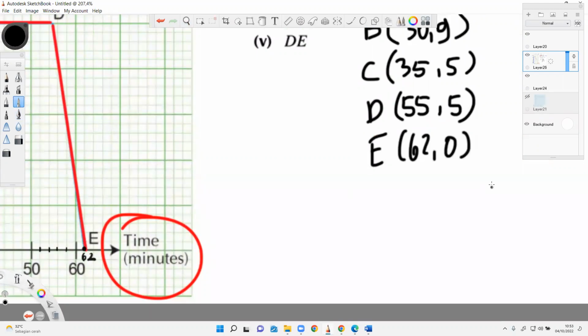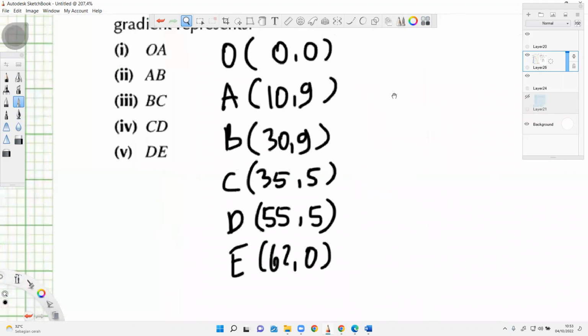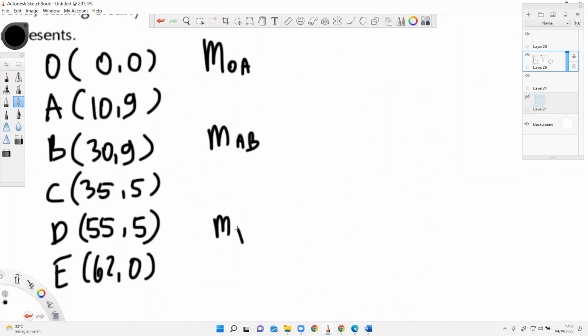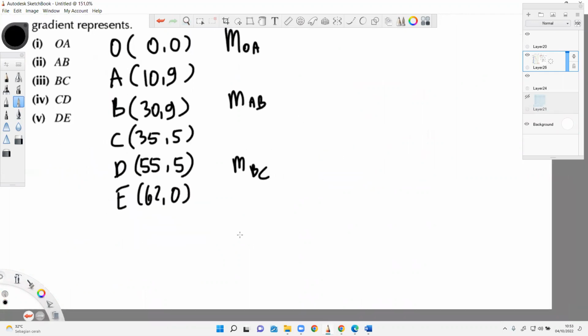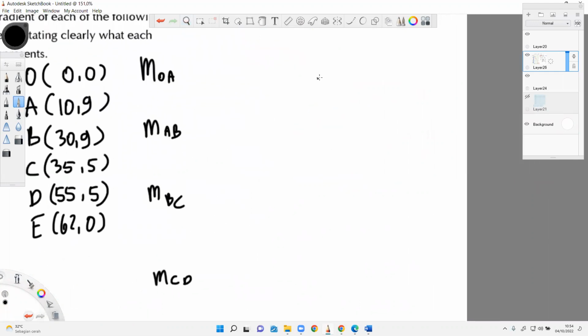We haven't done anything for question C, guys. What you need to do, I just put this. Why do I have to put this? Because we can look at these points easily to find OA, AB, BC, CD, and last DE, right?